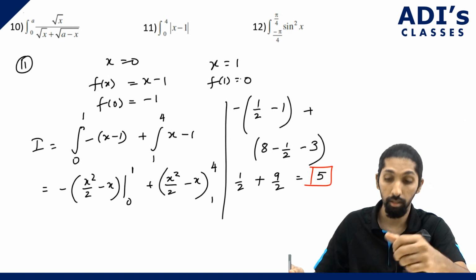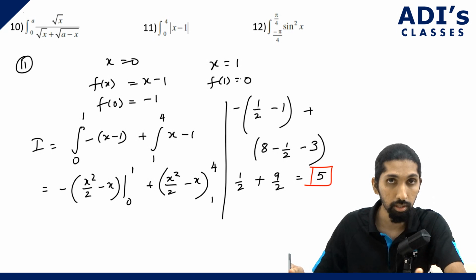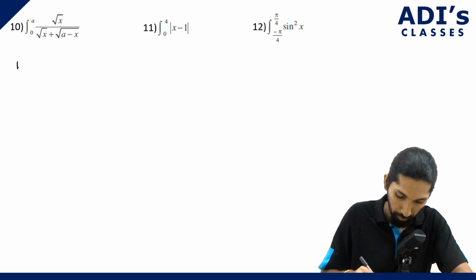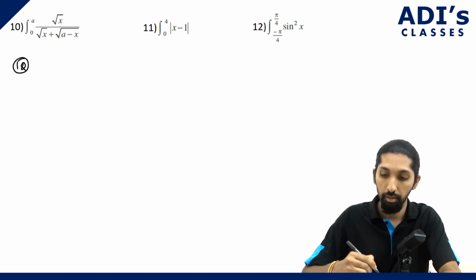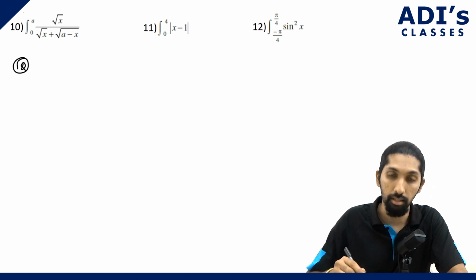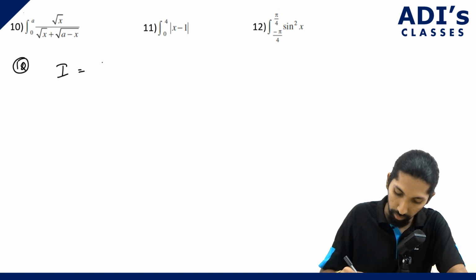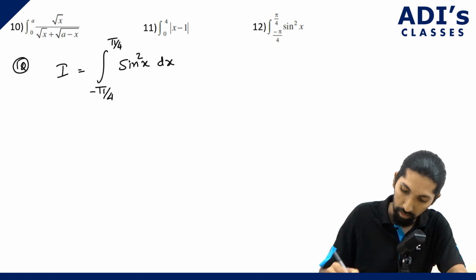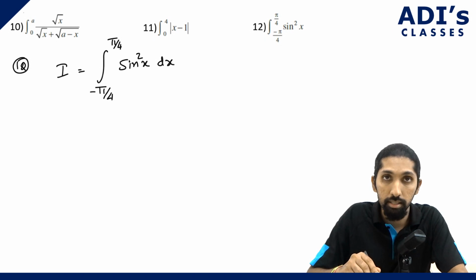Now let's move on to the next question, that is the 12th one. Sine square x is that function. I is equal to integral from minus pi by 4 to pi by 4 of sine square x. Now sine square is an even function, isn't it?